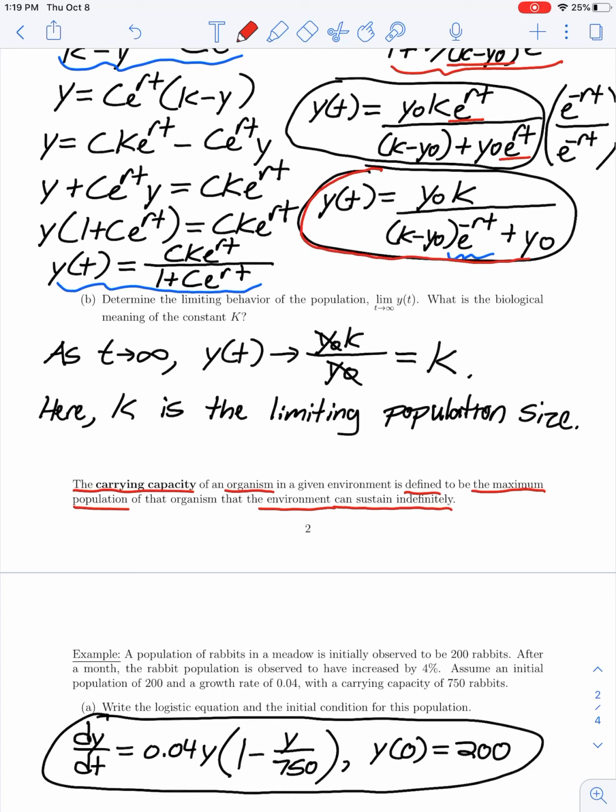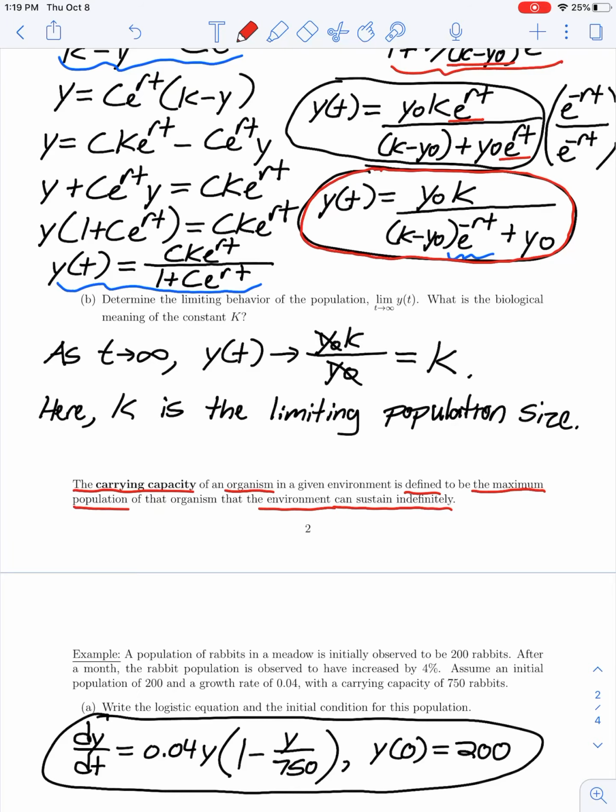So we know that the solution of the logistic growth equation with an initial condition, y of 0 equals y naught, is given by this y of t function that we found in part A of our first example.